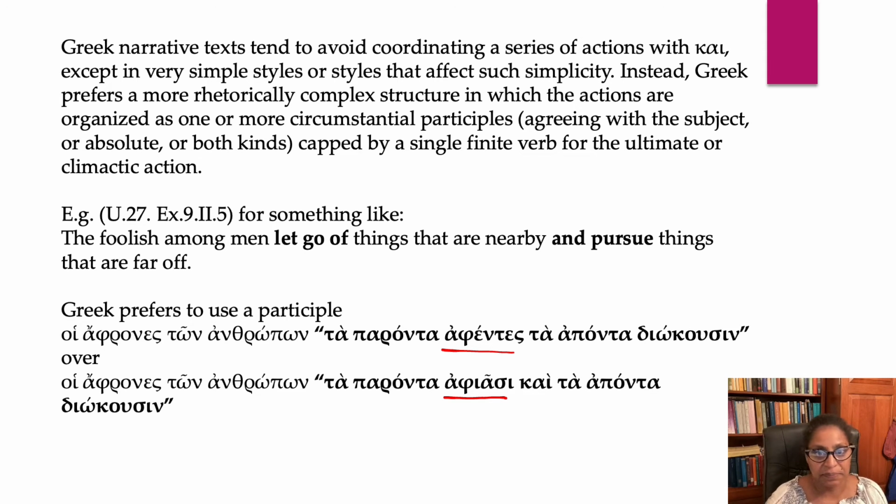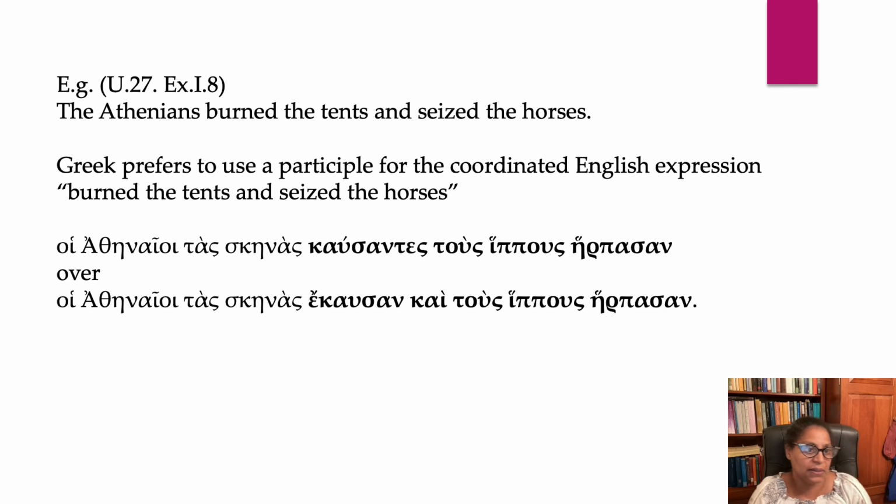Another example Mastronarde gives is from the same unit, but in exercise 1:8. The Athenians burned the tents and seized the horses. So there are two actions here, and as I said, Greek will prefer to use a participle for one of these verbs rather than two finite verbs.